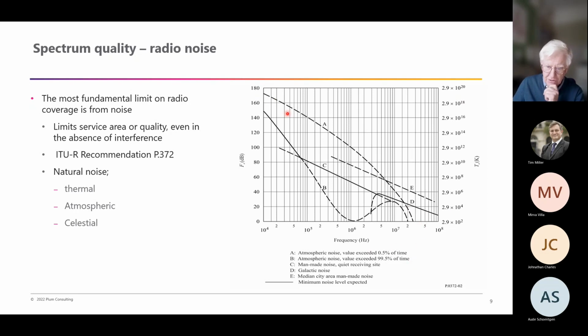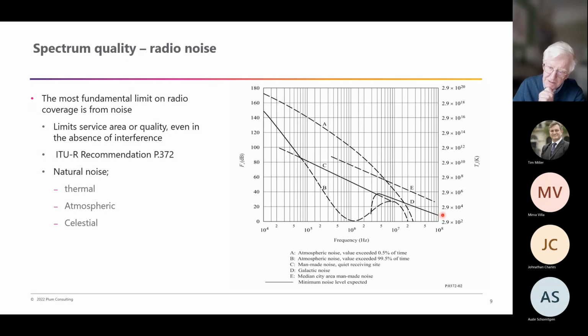Below the VHF range, noise is dominated by atmospheric noise, and this is really effectively lightning storms and the electrical noise generated by lightning, propagating around the world, being bounced off the ionosphere. And that falls away pretty rapidly above about 30 megahertz or so as you move into the VHF area. And it's replaced by noise from the galaxy, from the sun, and from celestial sources, which at lower frequencies is attenuated by the atmosphere, but that starts to become dominant as you move into higher frequencies.